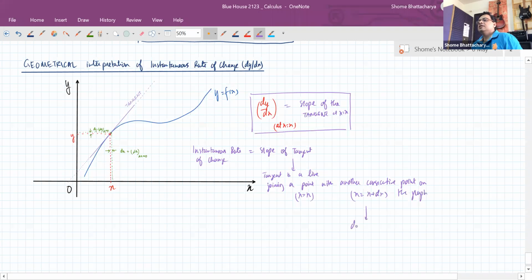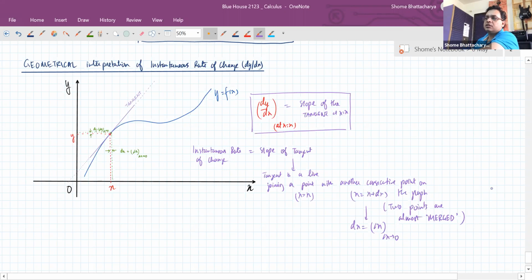So this dx is basically like a delta x tending to 0. Okay. So the 2 points almost merge. That is how, hypothetically, in terms of our imagination, a tangent line should be drawn, and the slope of that tangent should be equal to the instantaneous rate of change.